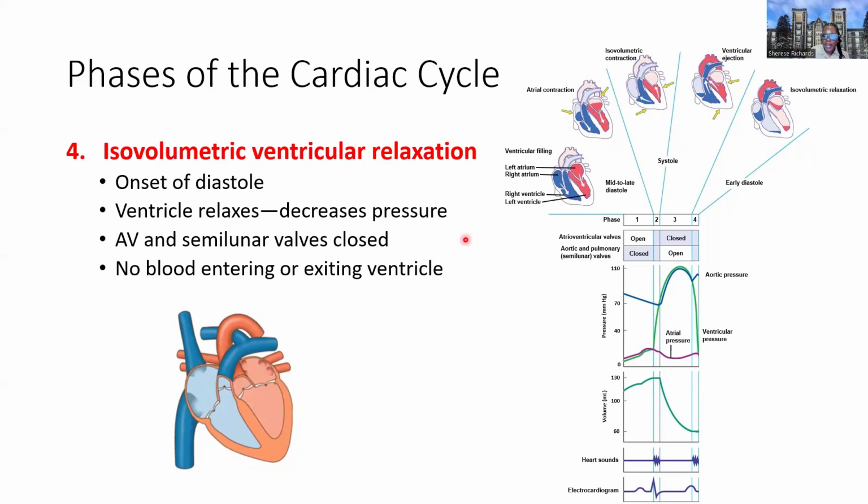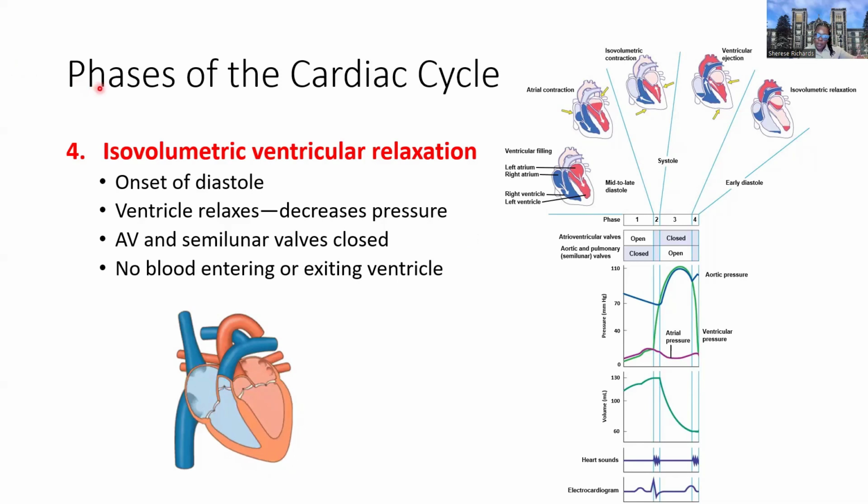This is the beginning of diastole, and this is from the dropping off of blood and pressure in phase three. Now we're going to see the ventricle go back to a relaxed state. So the pressure here is going to drop, but it's not low enough to where the AV valves open up yet. The AV valves and semilunar valves are both still closed.